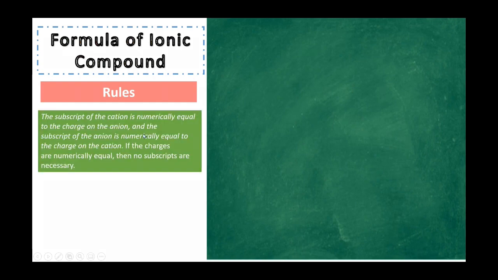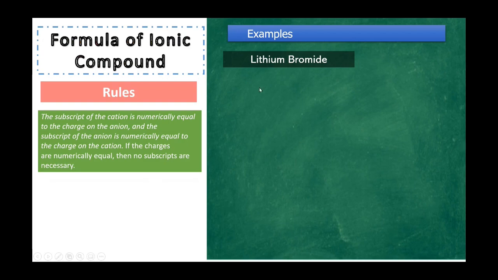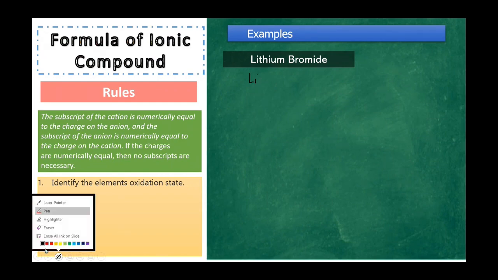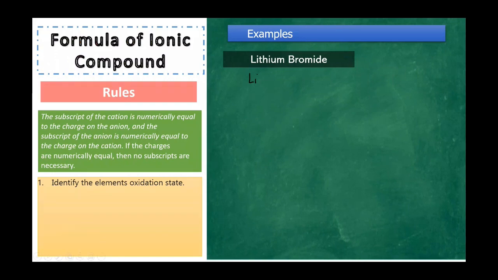For our rules, to simplify this one, first, let's have an example, lithium bromide. With this one, class, first is to identify the element's oxidation state. So the lithium has what oxidation state? Okay, lithium. So we have a positive 1 oxidation state. And for our bromine, we have an oxidation state of negative 1.